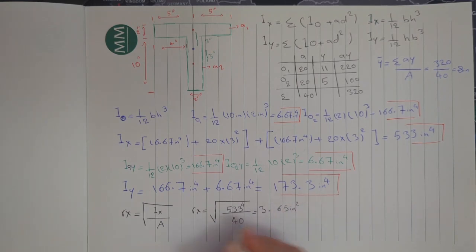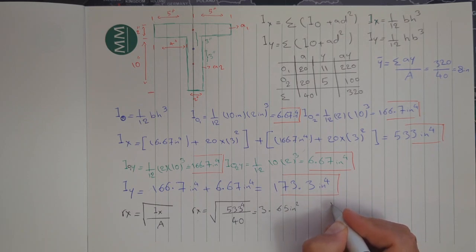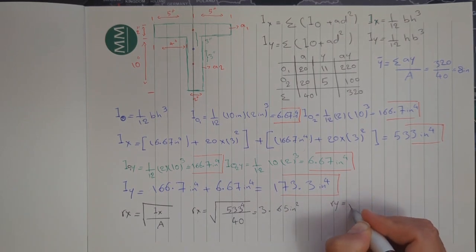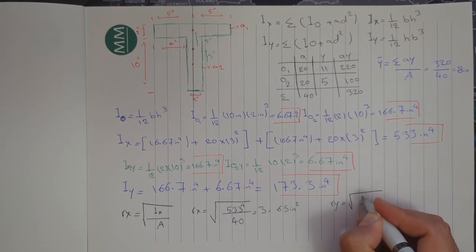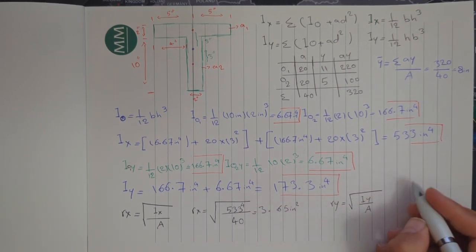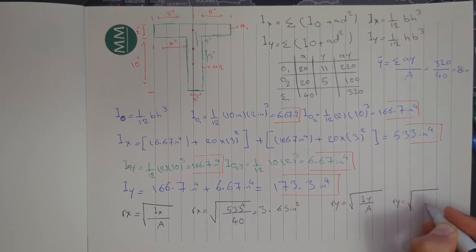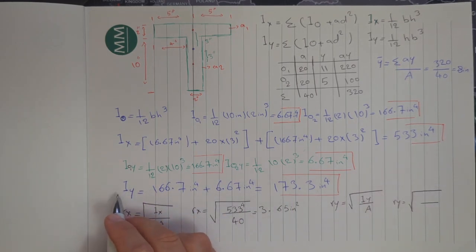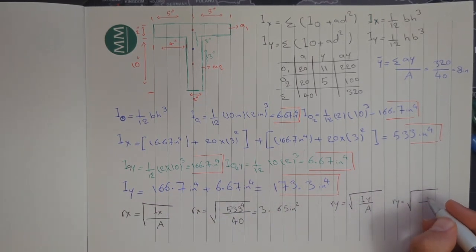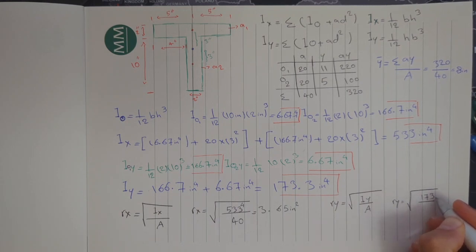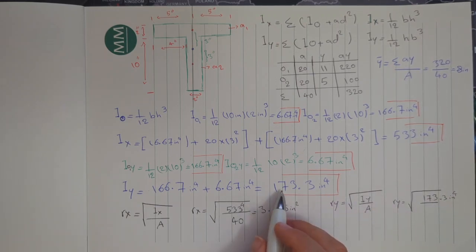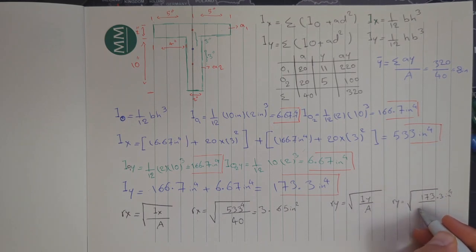3.65 inches. And Ry equals root of Iy over A. Ry equals root of, how much was our Iy, 173.3 to the 4, divided by A, which is 40.